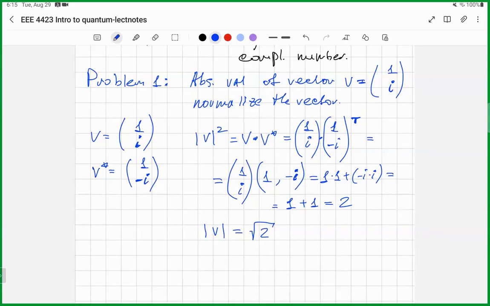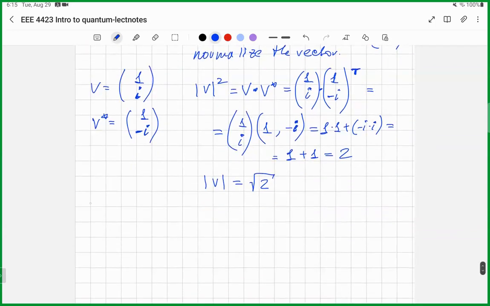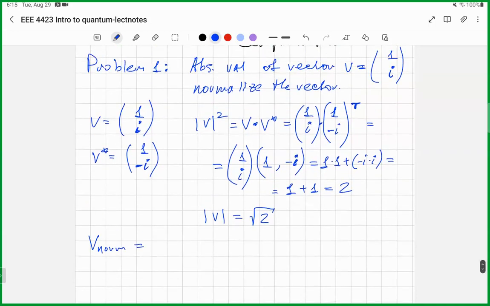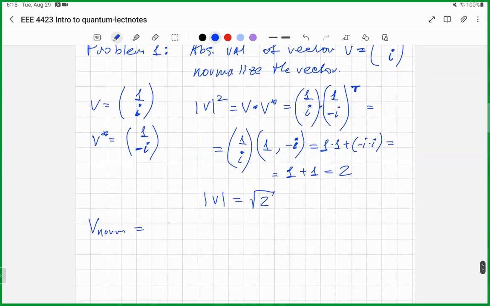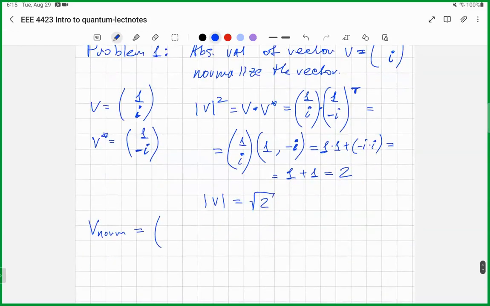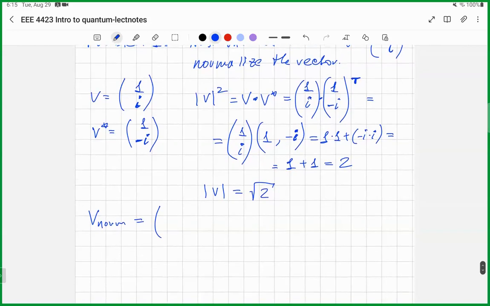And the second one is to normalize the vector. In order to normalize the vector, I have to divide each component of this vector by its length. So it's going to be 1 over square root of 2 and i over square root of 2. Pretty good.